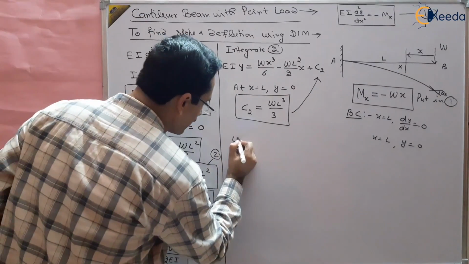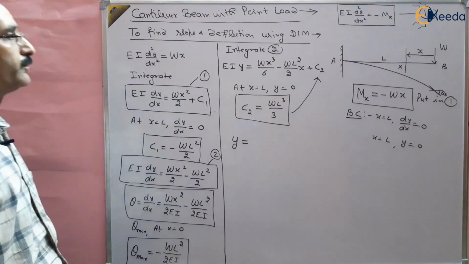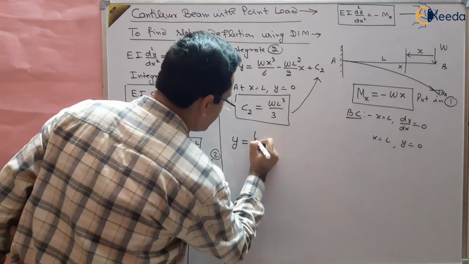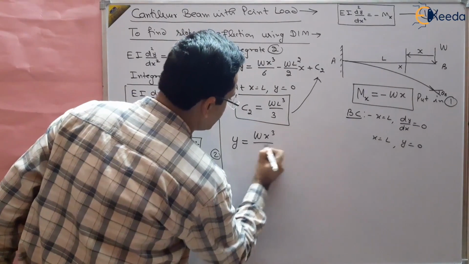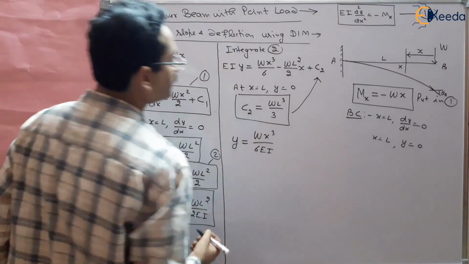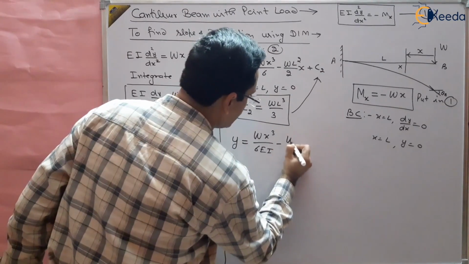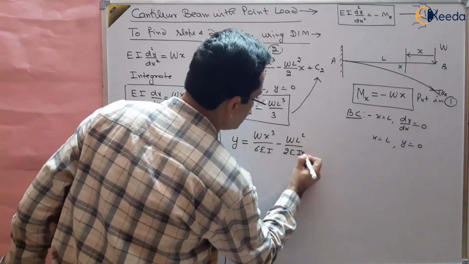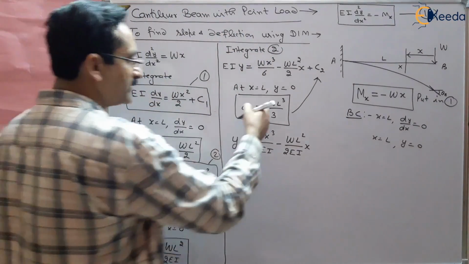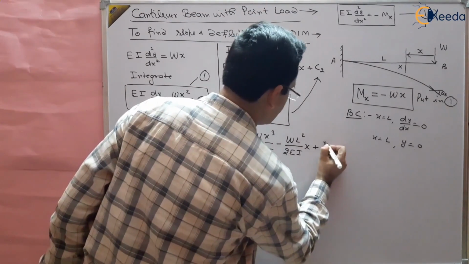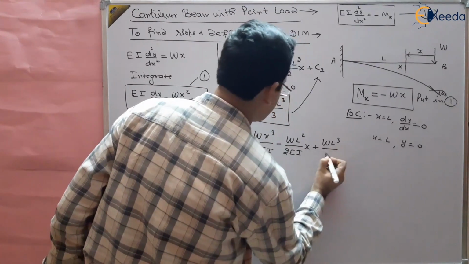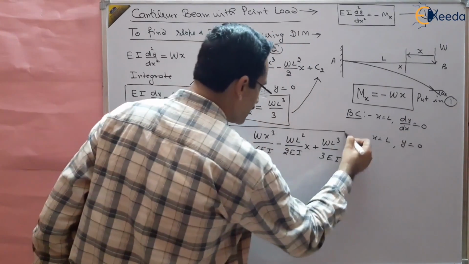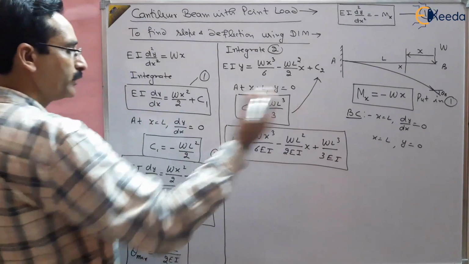So finally, I am writing the final result that y will be equal to wx cube by 6EI minus wL square by 2EI multiplied by x, plus wL cube by 3EI. So this is the deflection of the beam which is valid between B to A.